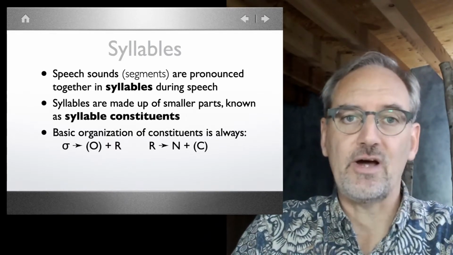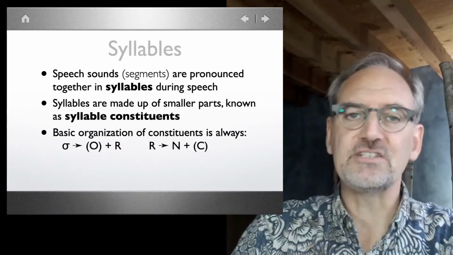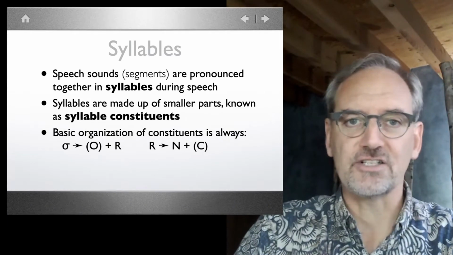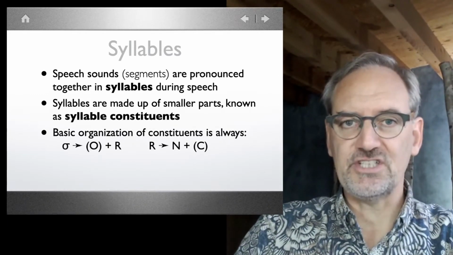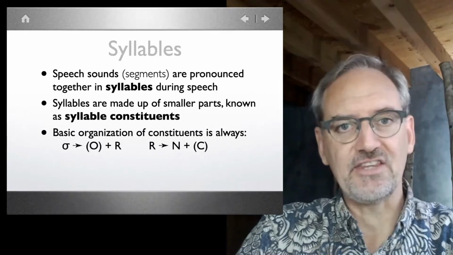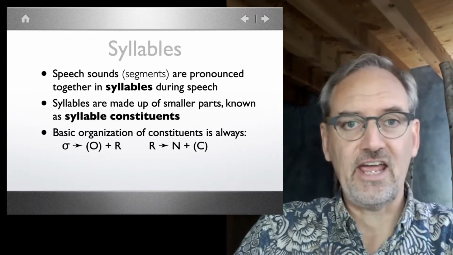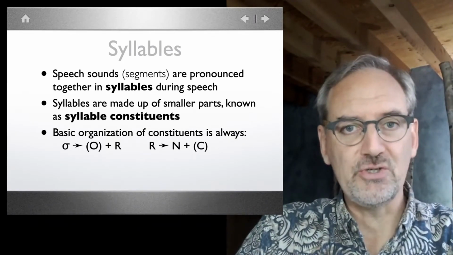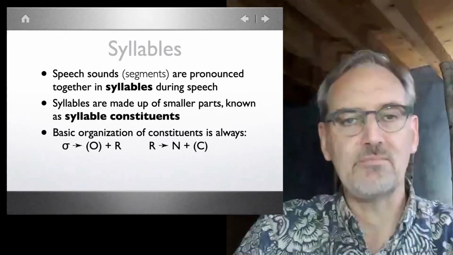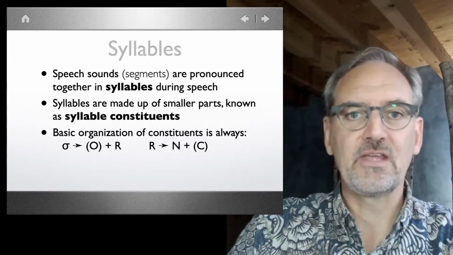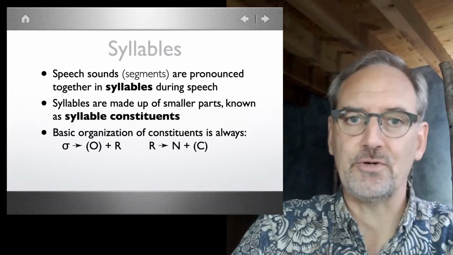Likewise, the rhyme itself is further divided into smaller constituents, and those constituents are the nucleus and the coda. Here again, the nucleus is an obligatory member of the rhyme, and the coda is an optional member.